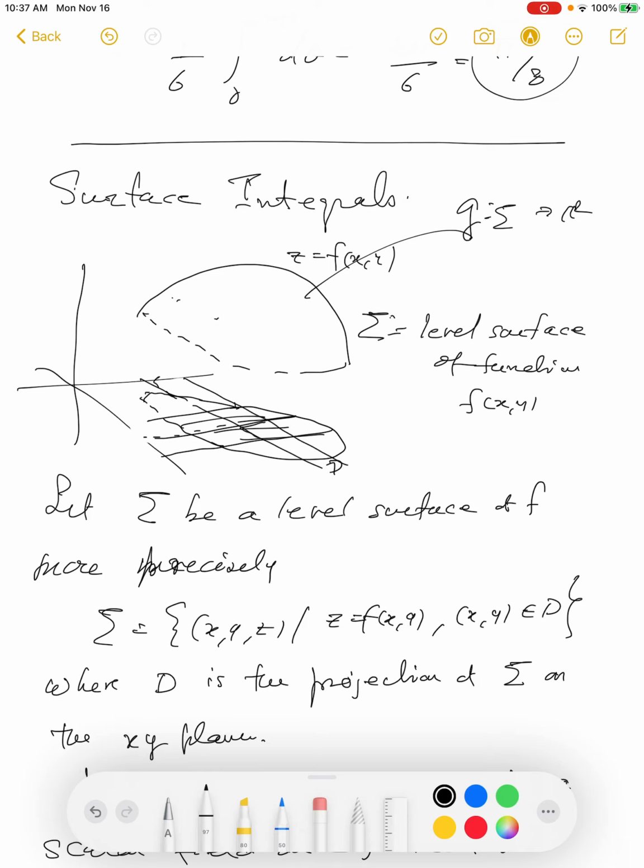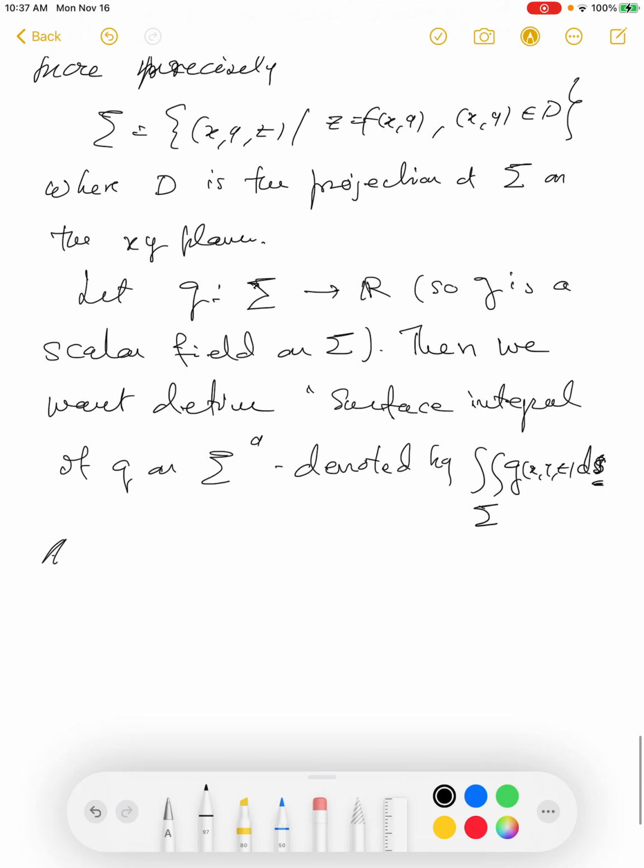So I take a typical rectangle here, x_i to x_{i+1}, y_j to y_{j+1}, and this rectangle gives you this little piece on the cap. What should we call it? Let me call this thing R_ij.